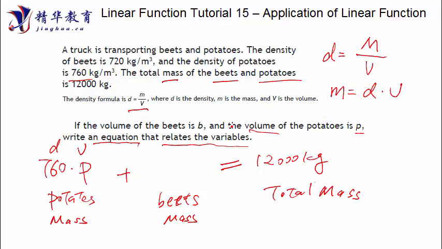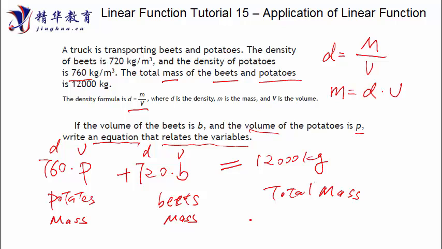For the same reason, we can use b, which is the volume of beet, times the density of beet, which is 720, so 720 times b. Now the mass of potatoes plus the mass of beet is going to equal the total mass. That is how to set up our relationship.